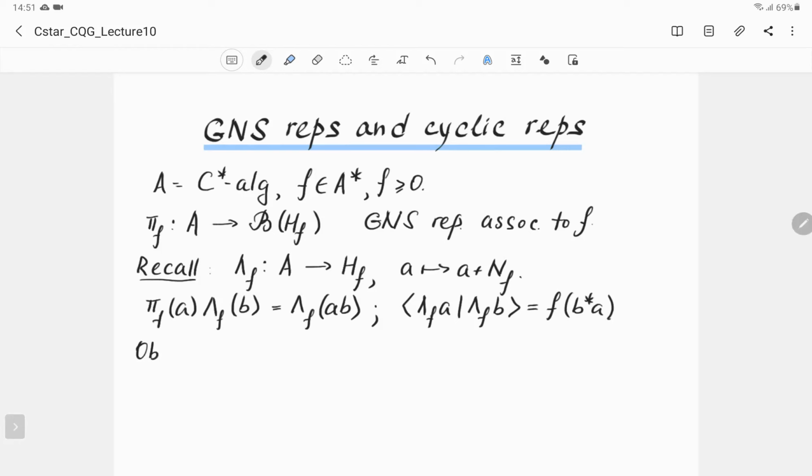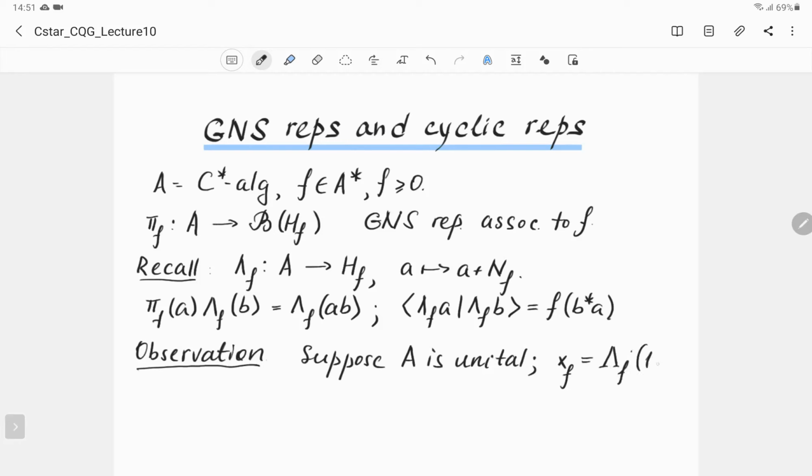So we start with the following simple observation. Let's suppose that our algebra A is unital, and let's denote by xf the following vector in our Hilbert space.